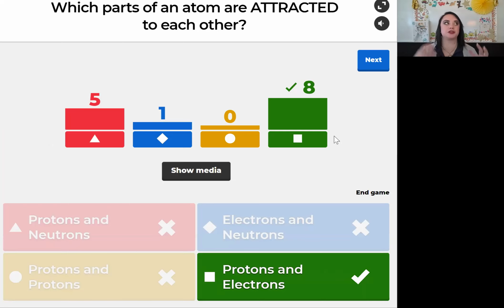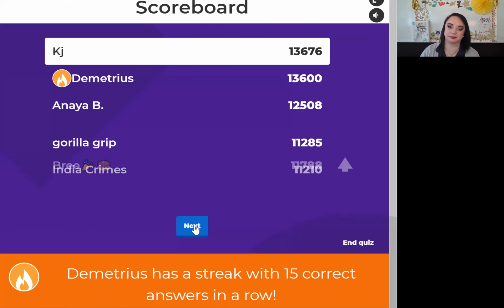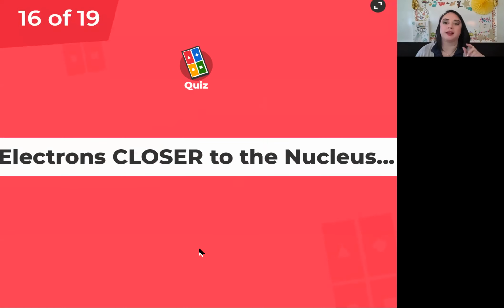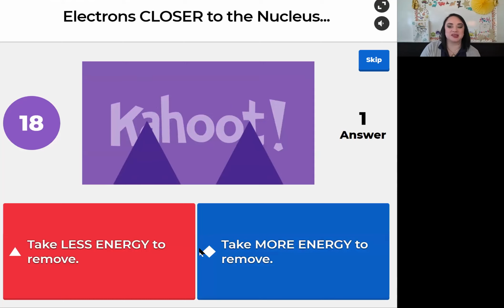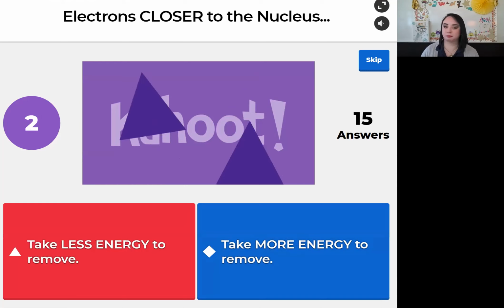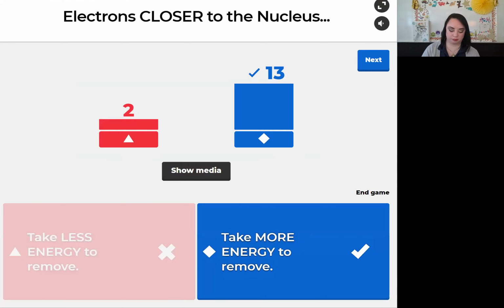Protons have a positive charge, electrons are negative, so they attract each other. Electrons closer to the nucleus: good.